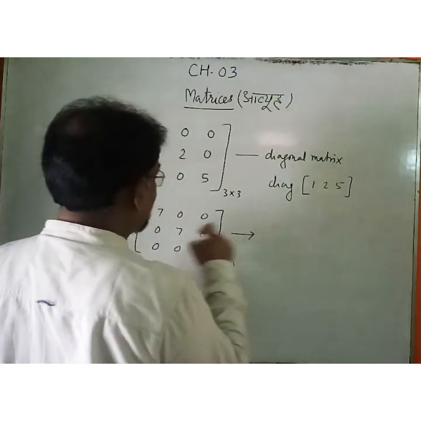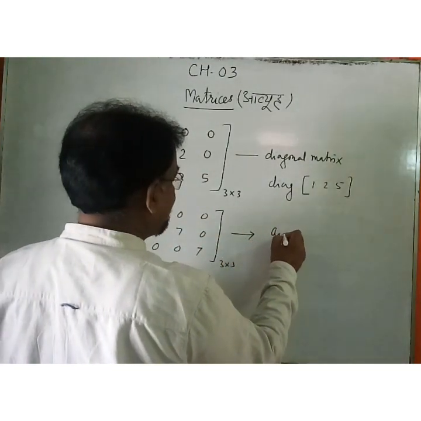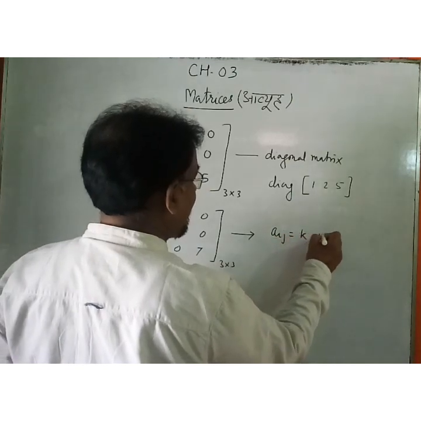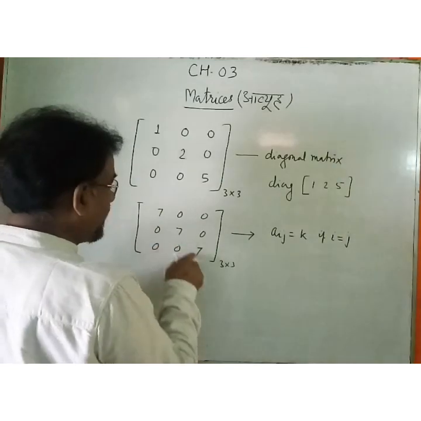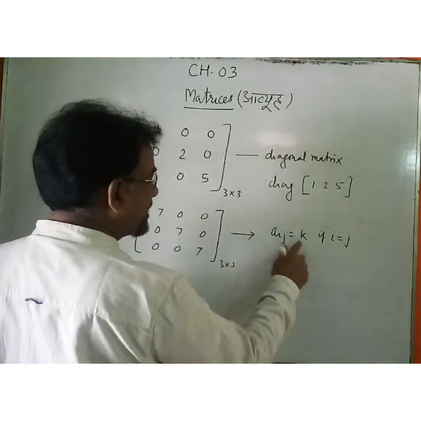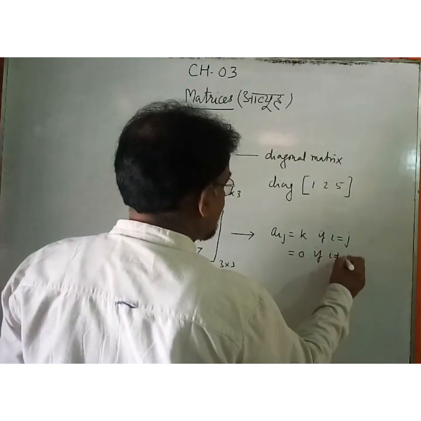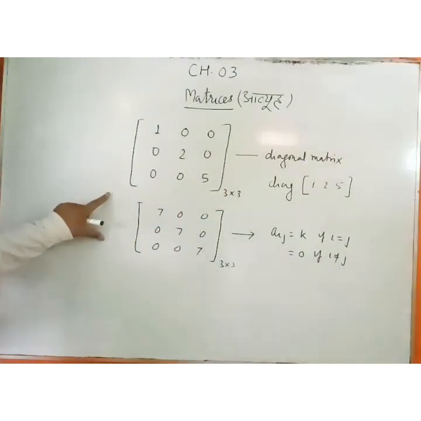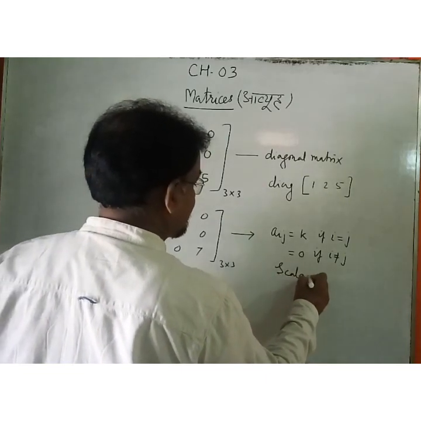Here every diagonal element is a constant. मतलब Aij is equal to k if i equal to j, A11, A22, A33. So that number is constant and equal to 0 if i is not equal to j. Such a matrix is known as a scalar matrix.